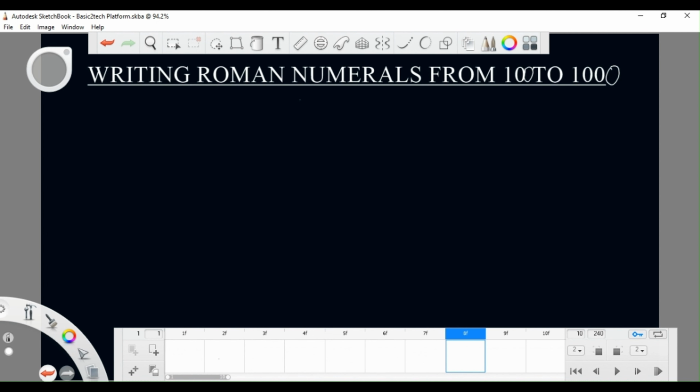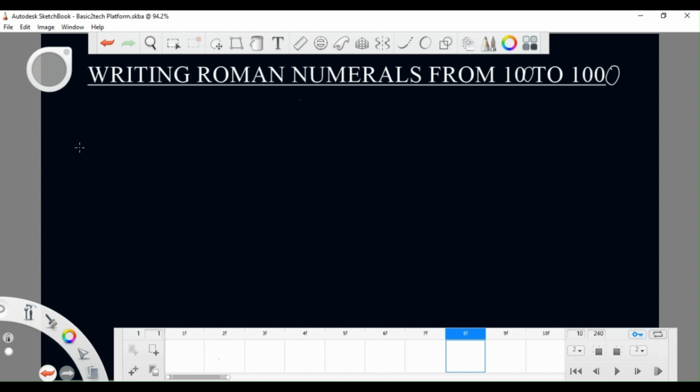Now, how do we convert Roman numerals from 100 to 1,000? Again, you must remember we have just 7 symbols in the Roman numerals.